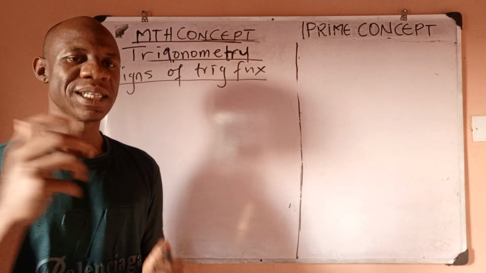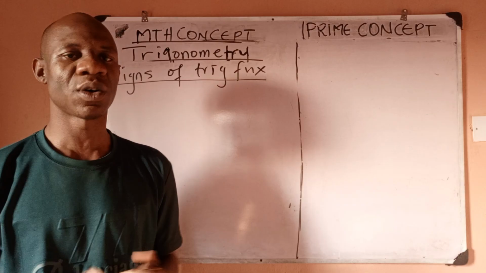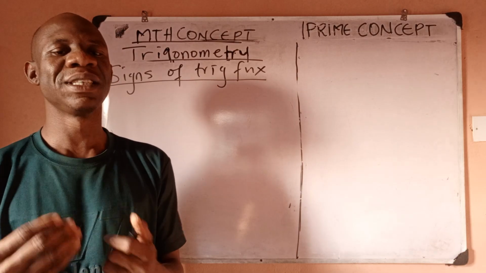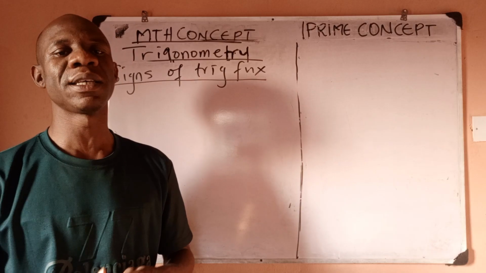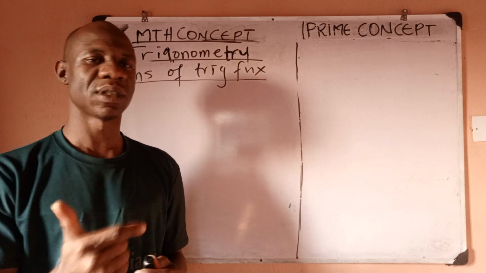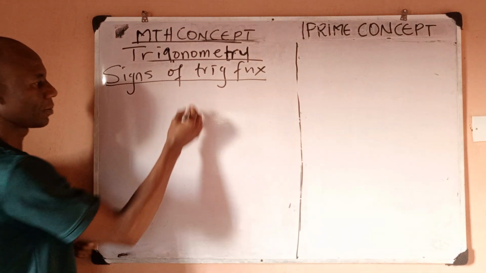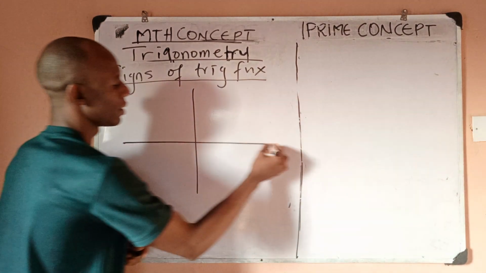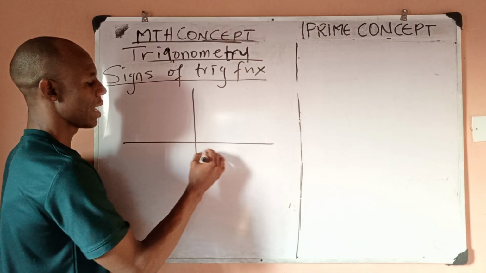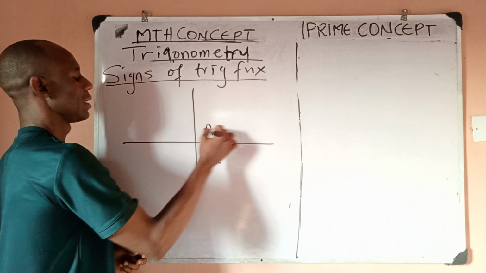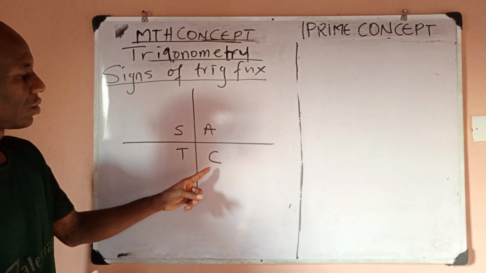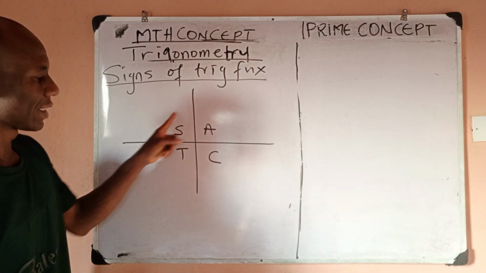Remember, in a circle, we have 4 major quadrants. So we want to look at, in these 4 quadrants, what will be the sign of the basic trig functions. So we're going to consider sine, cos, and tangent. There's a mnemonic that is used in remembering this. We have C, A, S, T, and this is usually named as CAST.